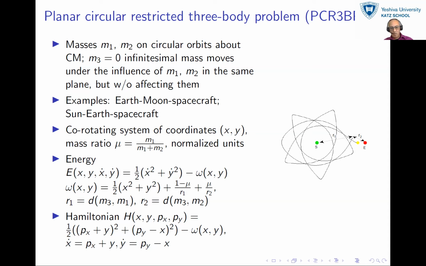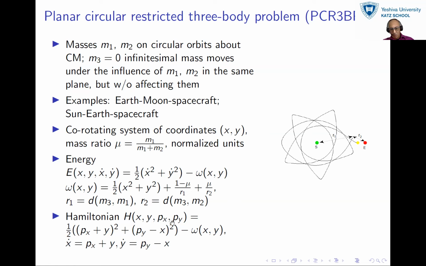This is what is called a co-rotating system. And to simplify the equations, you rescale all of the units. You don't work with the true mass of the Sun and the Earth, but with a relative mass ratio, which is the mass of the Earth divided by the sum of the mass of the Sun and the Earth.